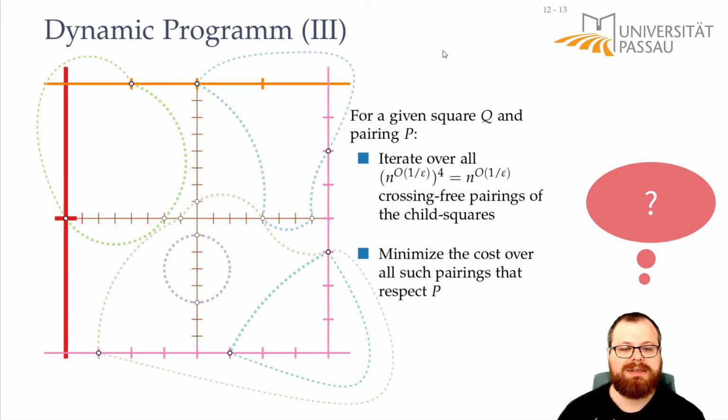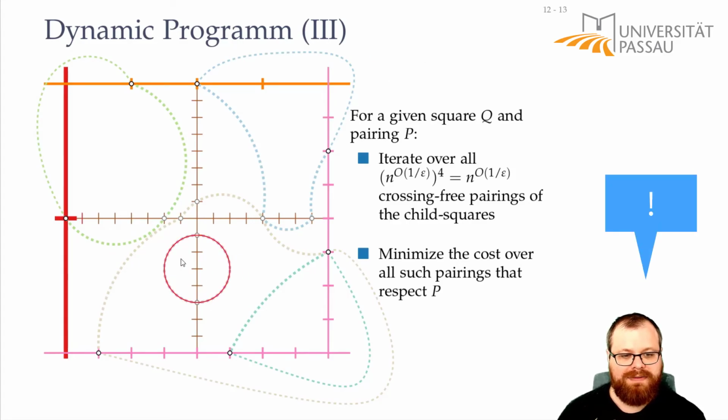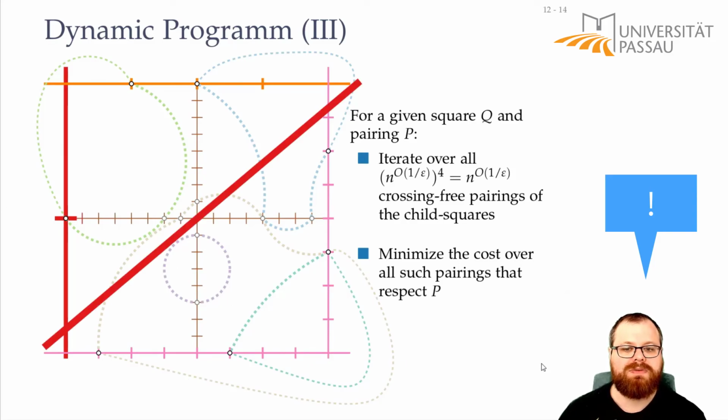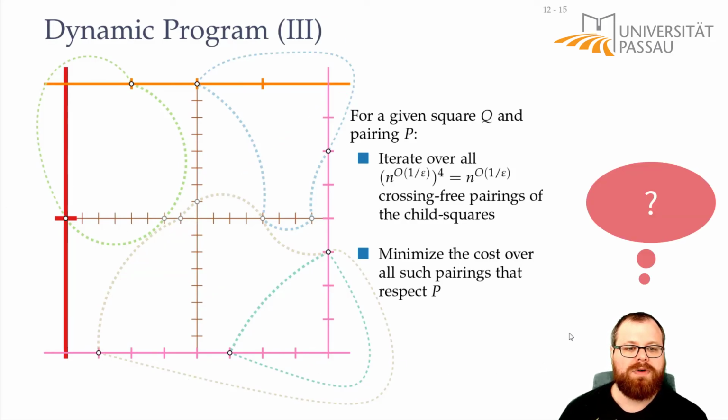What about this? Is this valid? No, also not, because we have this path inside here, and that's not something we're allowed to have. All the paths we have, they have to start in some of these portals of the outside square. This is also not one that respects p. What about this? Is this fine?